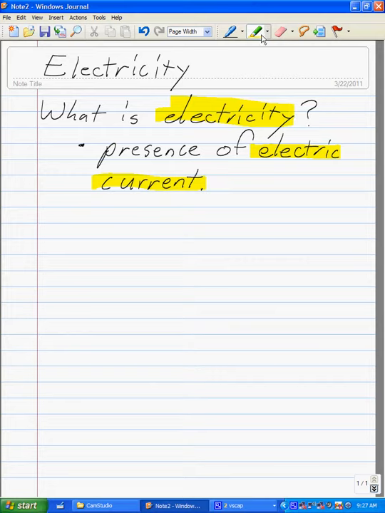So electricity is also a form of energy. And we just finished talking about all these different forms of energy over the last unit, how energy can't be created or destroyed. So that means that energy has to come from somewhere.